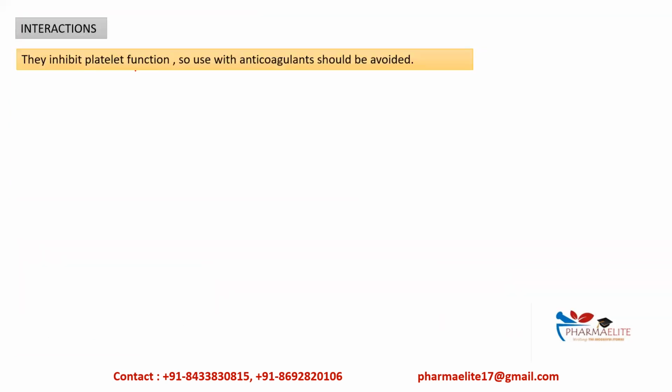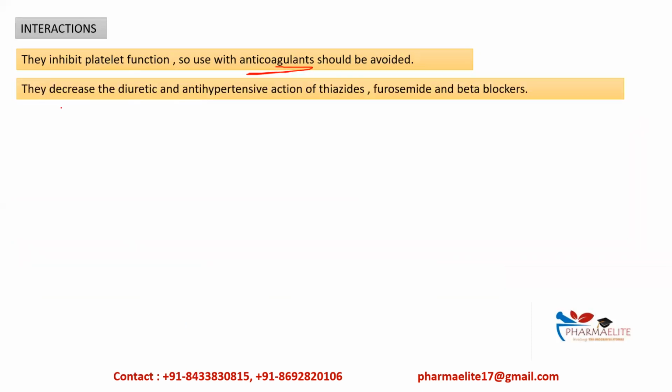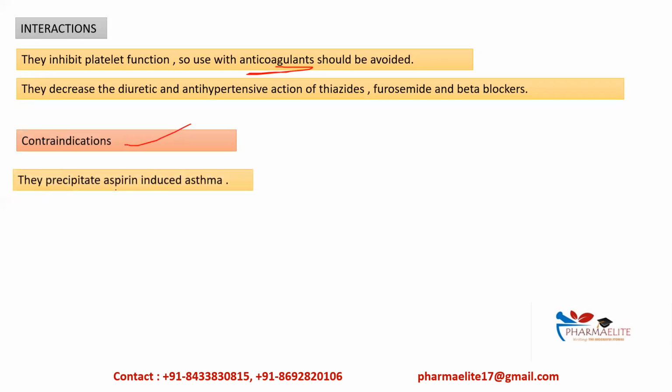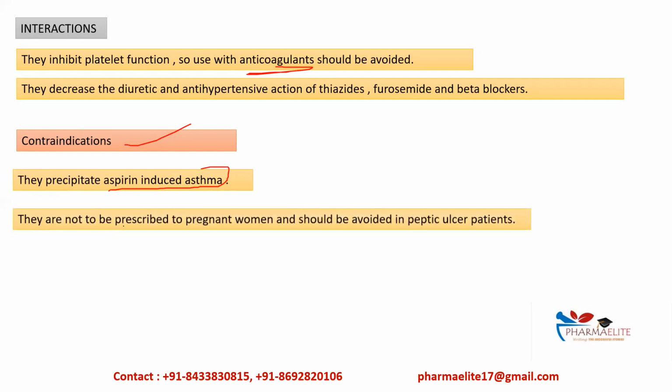Interactions: they inhibit platelet function, so use with anticoagulants should be avoided, because the chances of bleeding increase. Then they decrease the diuretic and antihypertensive action of thiazides, furosemide, and beta blockers. Then contraindications: they precipitate aspirin induced asthma, and they are not to be prescribed to pregnant women and should be avoided in patients of peptic ulcer. Why?